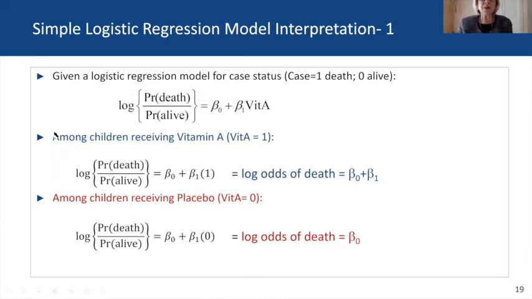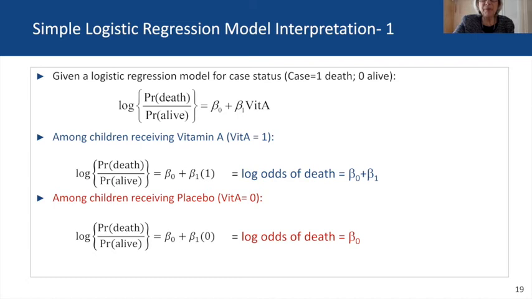So we'll recall then that beta naught plus beta 1, the sum of these, is the log odds of death among children receiving vitamin A. Beta naught by itself is the log odds of death among children receiving placebo.